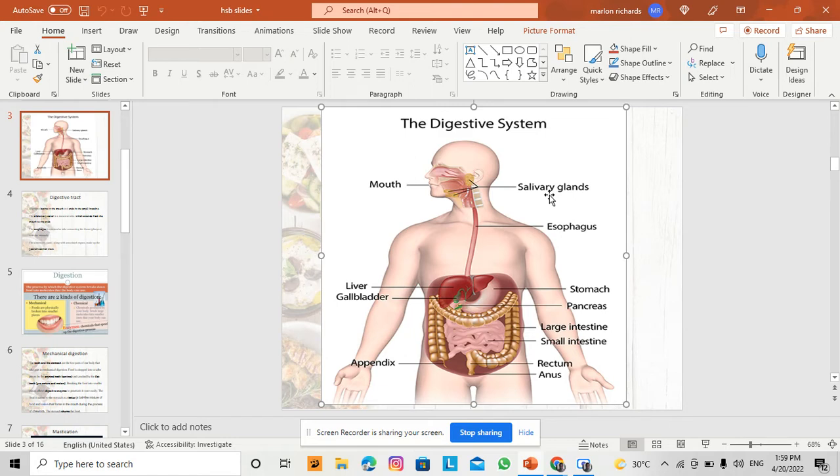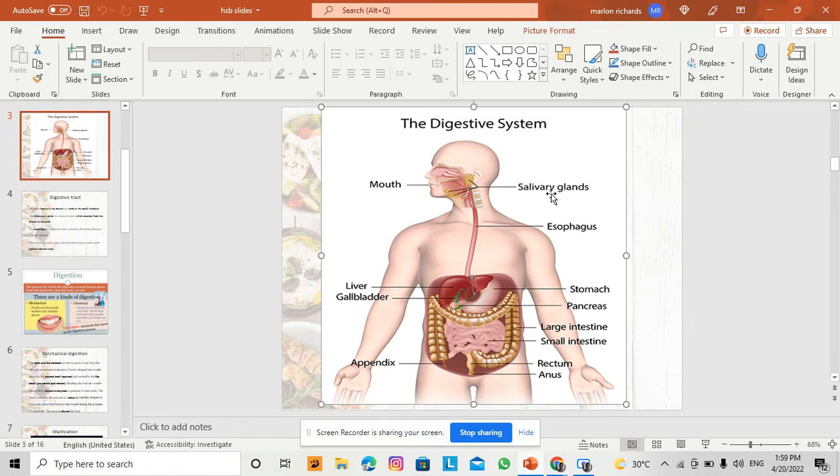Moving on, we are still at the mouth, but moving on to the salivary glands. Now, the salivary glands are located in the mouth and play a vital role in the digestive process. The salivary glands produce a juice called saliva, as we know.